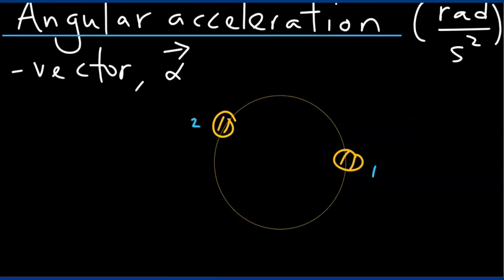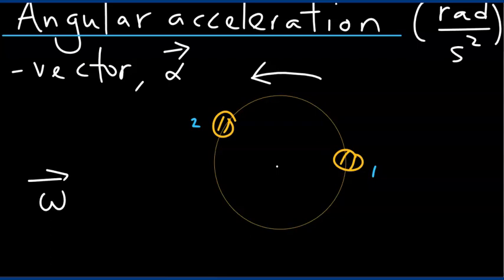Next, angular acceleration. The SI unit is radian per second squared. It is a vector, and we use alpha to denote angular acceleration. Let's say you have an object that is moving like that from point 1 to point 2. We know from our previous discussion that the angular velocity of this object is coming out of the screen.